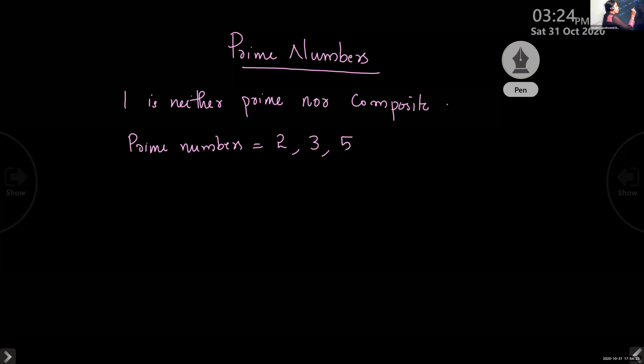The next prime number is 5, because when we write 4, we will get 2 factors: 2 into 2 is 4. But if you take 3, it is only 3 into 1.